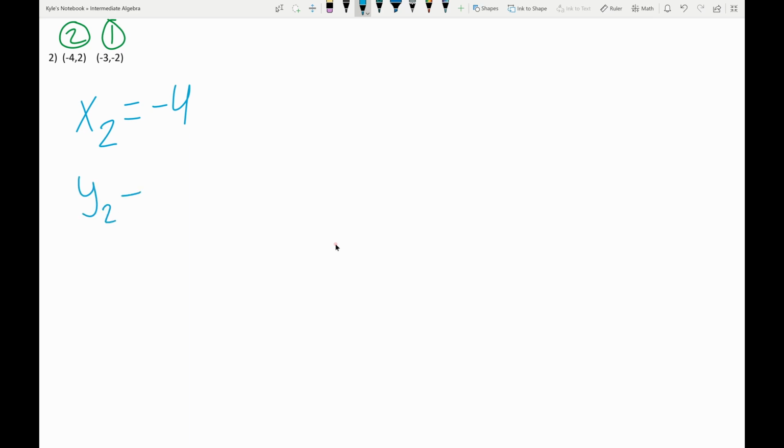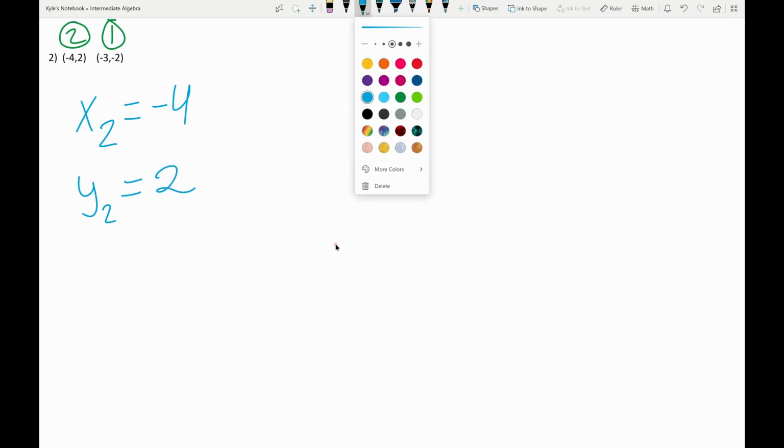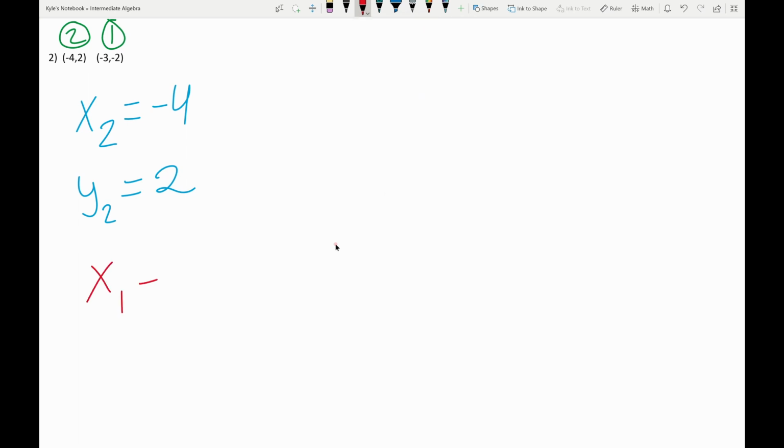Y2 is going to equal 2. And then we're going to have x1 is going to equal negative 3. Y1 equals negative 2.